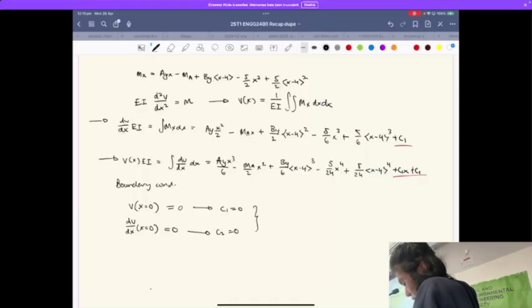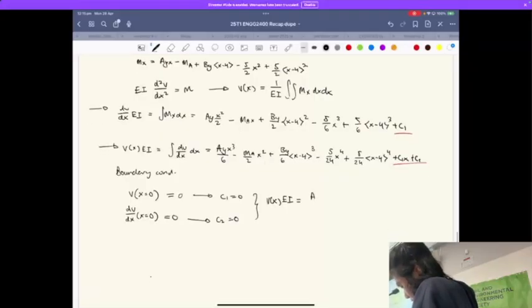So then Vx EI is equal to Ay on 6 x cubed minus Ma on 2 x squared plus By on 6 x minus 4 cubed minus 5 on 24 x to the 4 plus 5 on 24 x minus 4 to the 4.